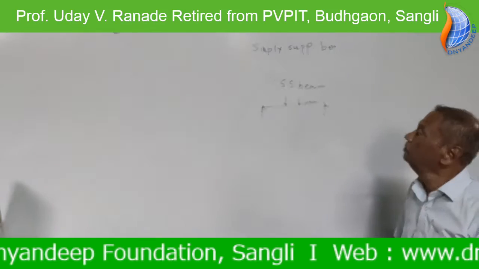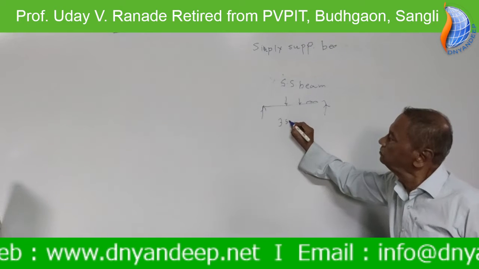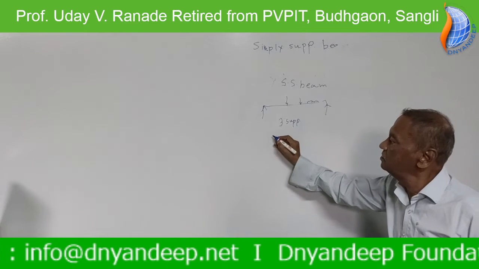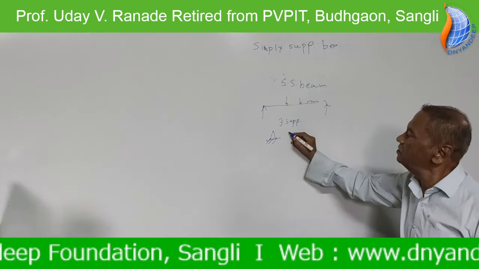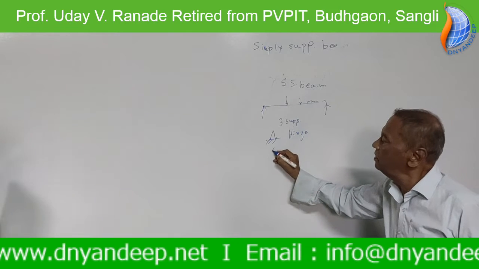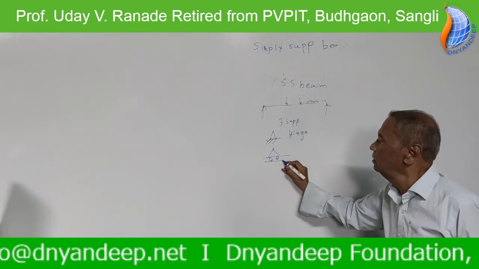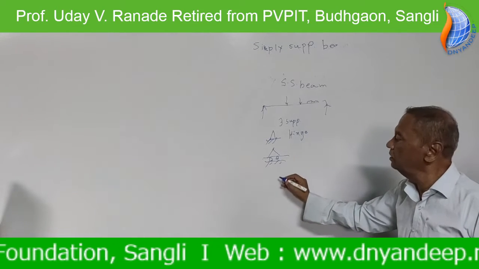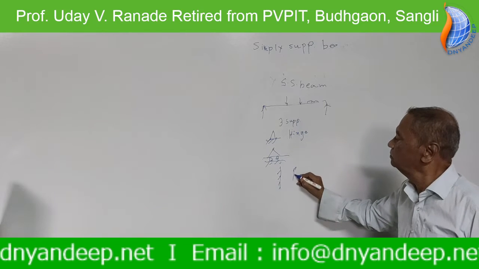Now in beam problems, there are three types of supports. First is hinge. This is called as hinge support. Second is roller. Roller is shown in figure. This is first type of support. This is second type of support, and third type of support is fixed support. This is fixed.